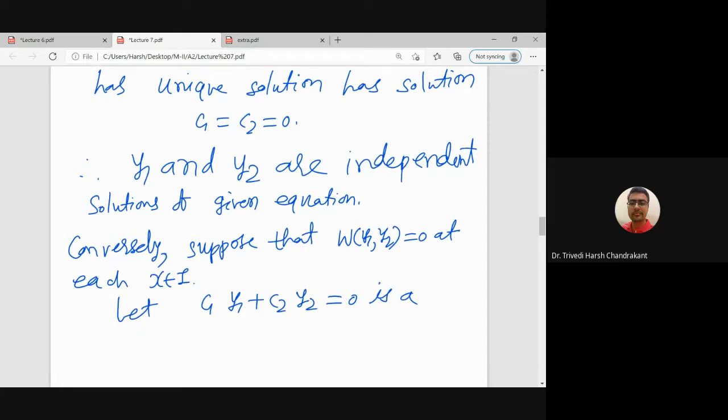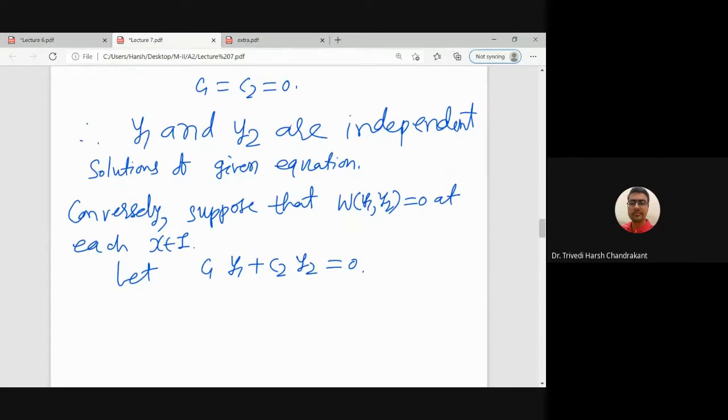So we are starting with this condition. And if we want to show it is LD, that means we need to show that one of C1 or C2 is non-zero. So from this condition, what do we get? Therefore we get the linear equations.